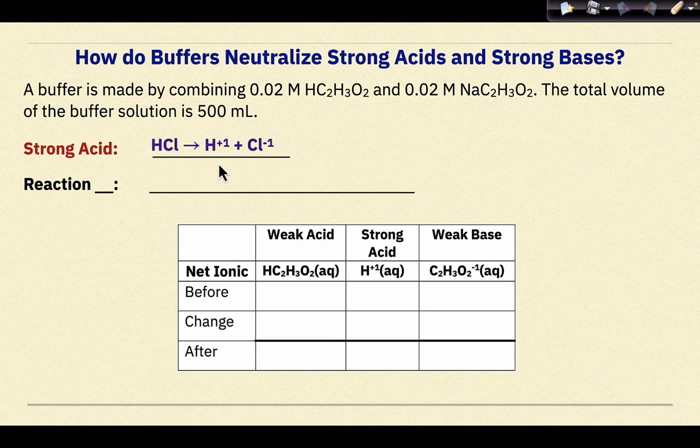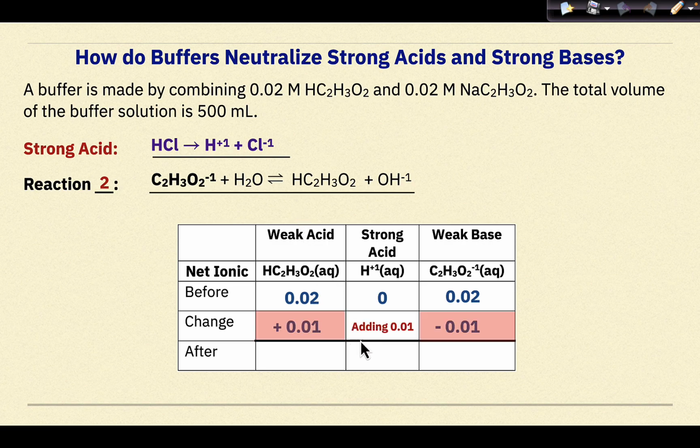So we have our strong acid in reaction 2 in a neutralization reaction. In the beginning, the concentration of our weak acid is 0.02. There is no hydrogen ions present, and our weak base is 0.02. When this neutralization reaction occurs, we add 0.01 molar of the strong acid.